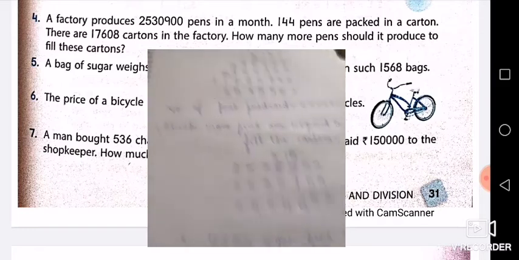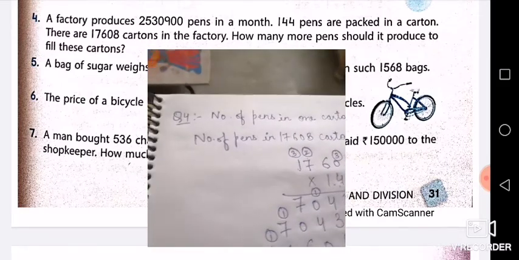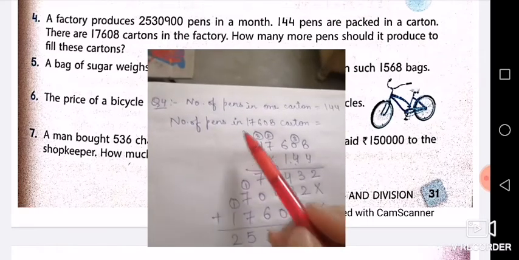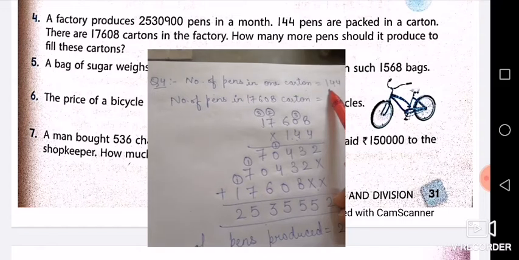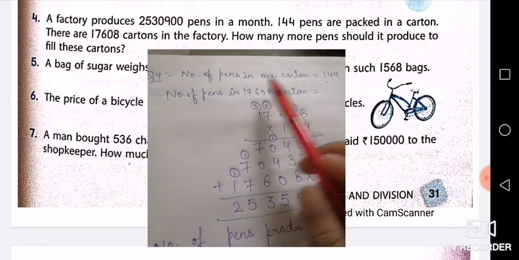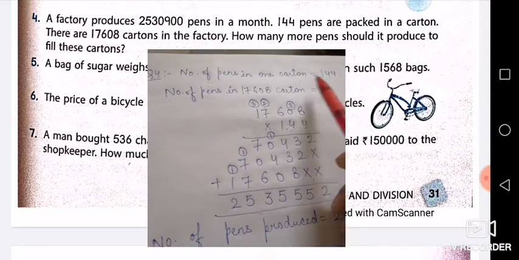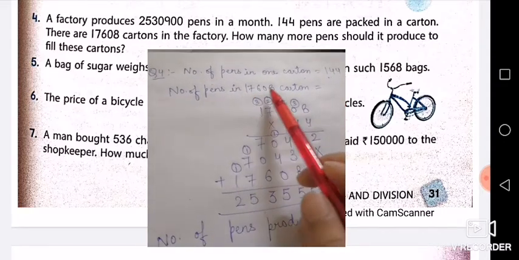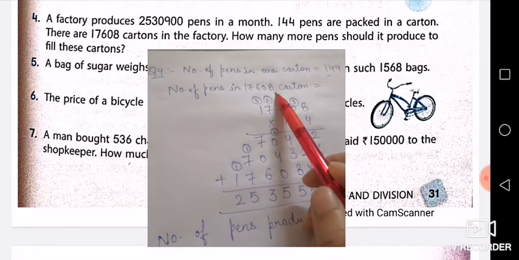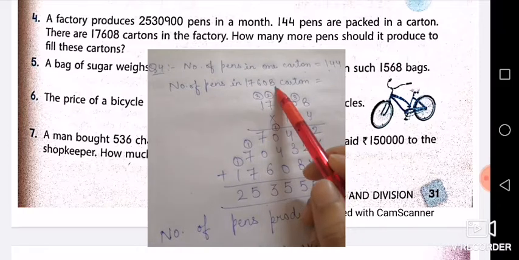See, now we understand this question again. Okay. Now what is given to you in this question? The number of pens in a carton is given to you, that is 144. Now you have to find out how many pens are required to fill 17,608 cartons.